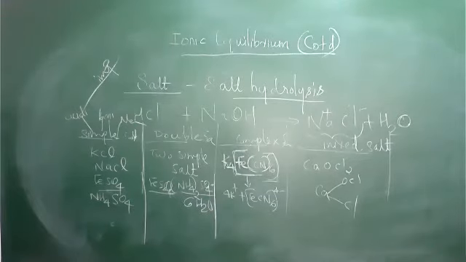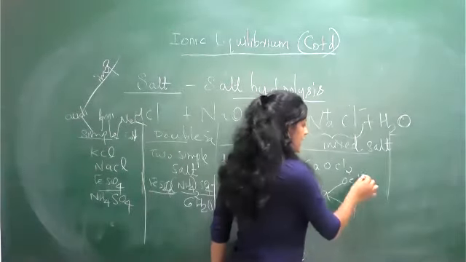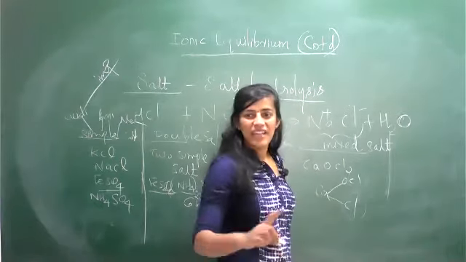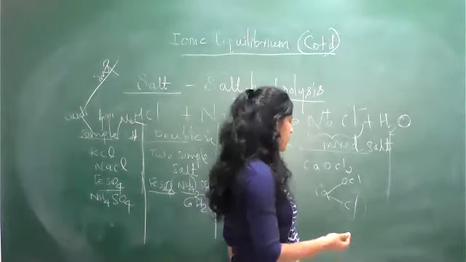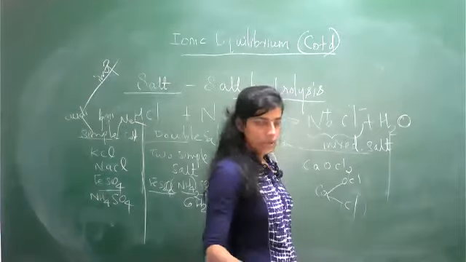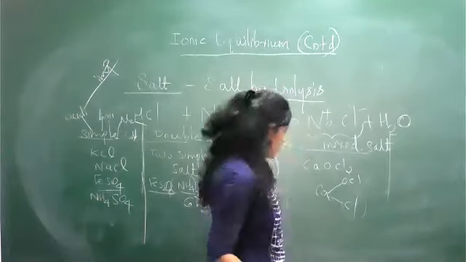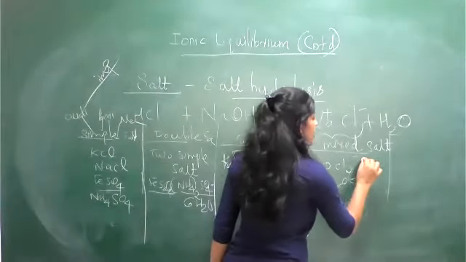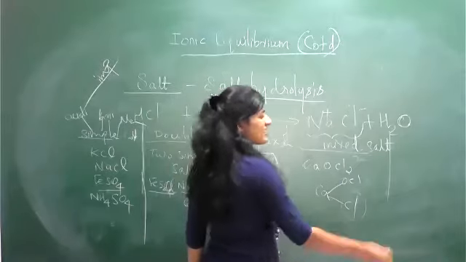Look now, students, suppose calcium with one Cl and one OCl. We can liberate 2 anions, Cl minus and OCl minus. At a time 2 anions can form. Are you getting my point? When more than one anion or cation is liberated, that type of salt is called a mixed salt.